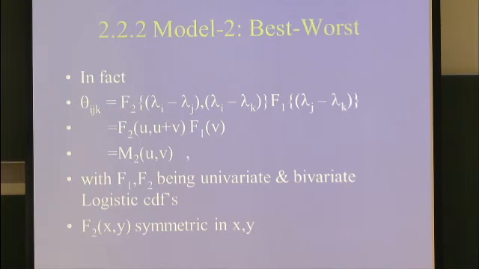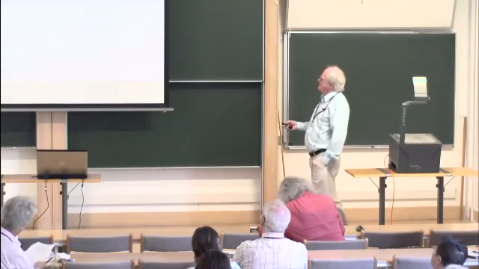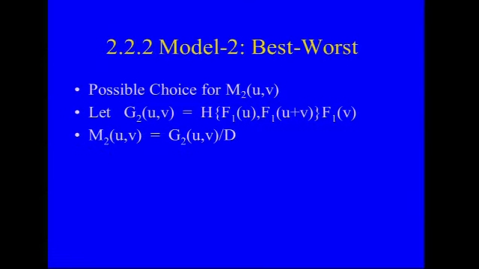So this formula is a product of a joint CDF and a marginal CDF, and we then pursue the basic idea. A possible choice of model in this case would be to take G2(U,V) to be a copula function, but now with arguments F1(U) and F1(U+V), and then a marginal F1(V). And then we need to divide by this term D.